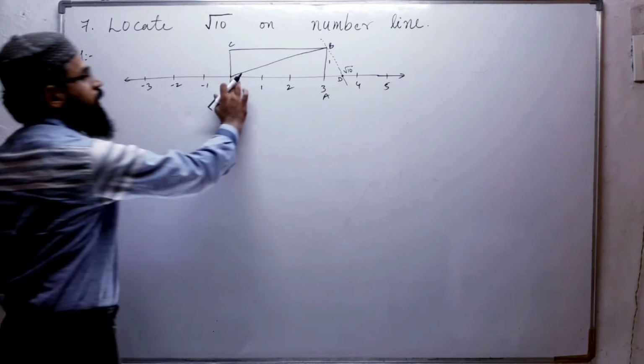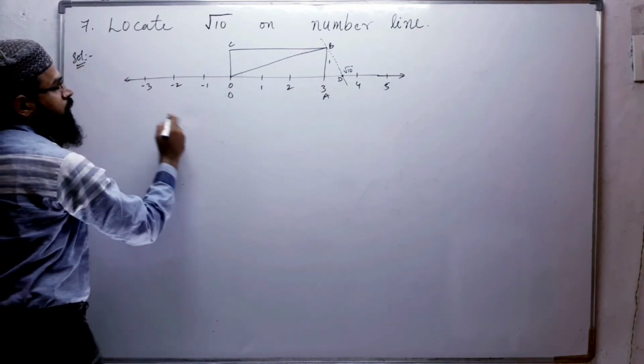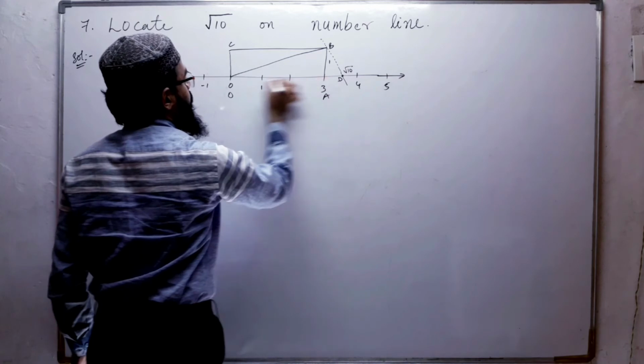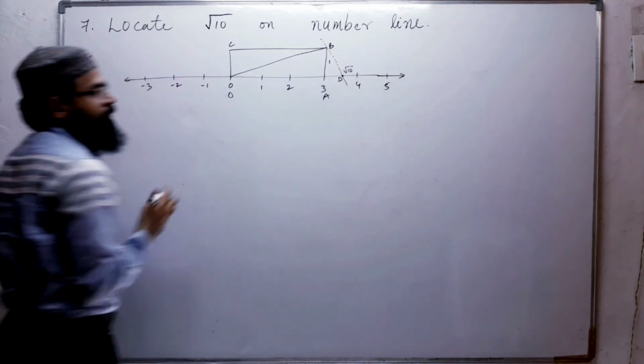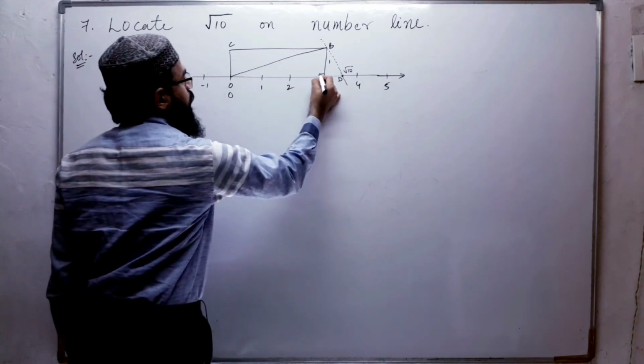Yes, from this figure we can see that this is a right angle triangle. So OBA is a right angle triangle. Here it is 90 degrees.